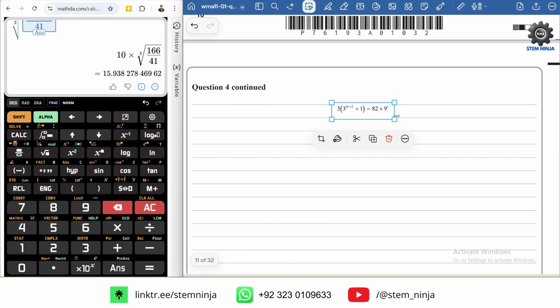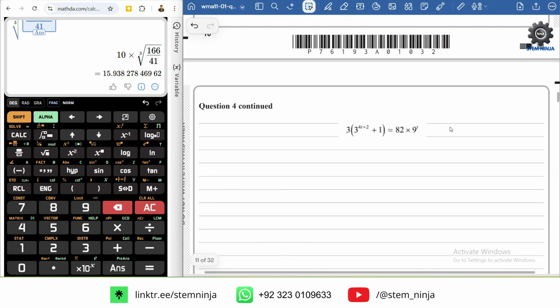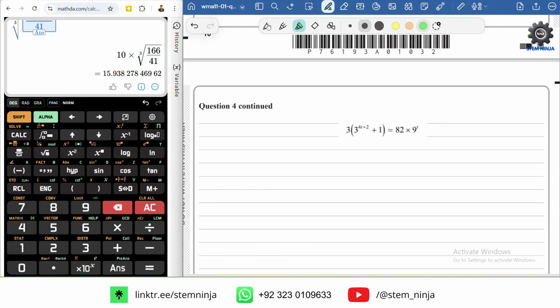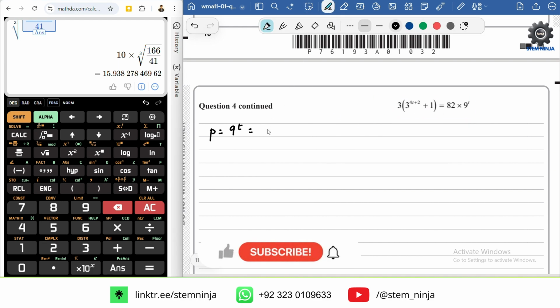We need to simplify this in terms of p. P was, once again, 9 raised to power t. And we have this in terms of 3, so 9 raised to power t means this is 3 raised to power 2t. Okay, so let's figure this out.